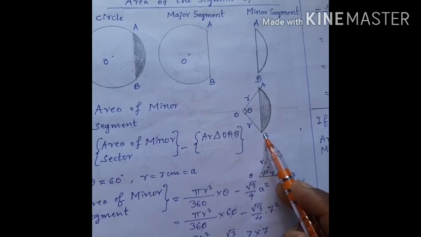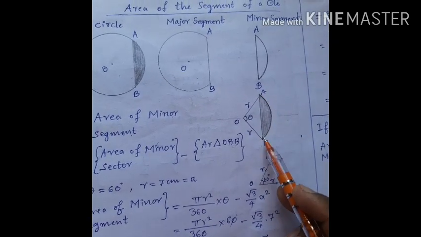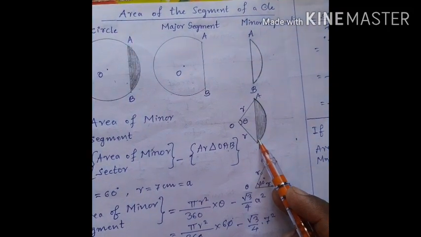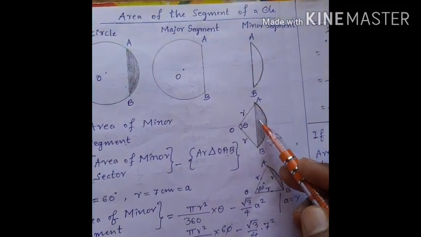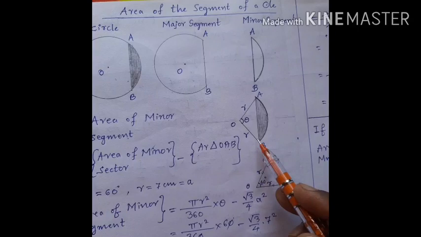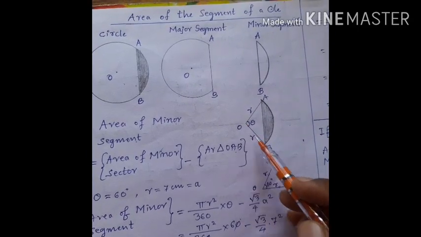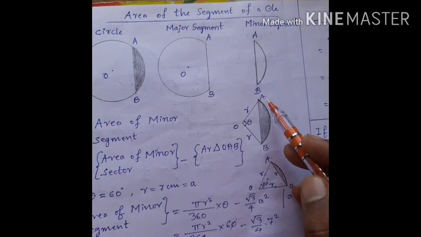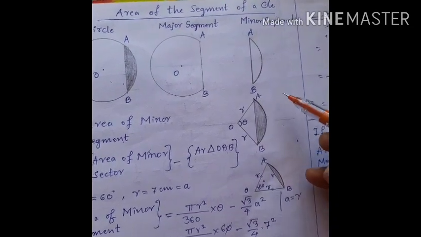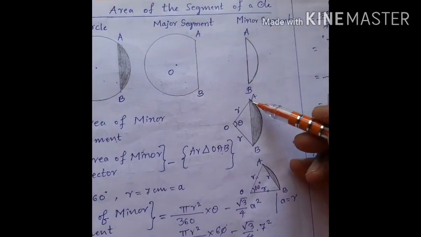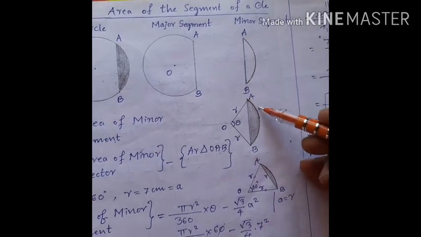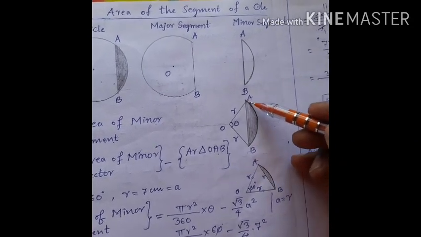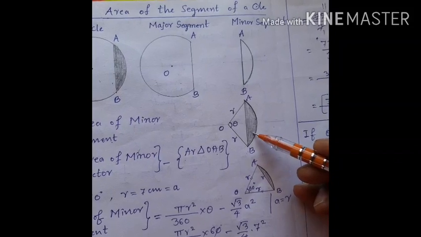AB is a chord, and this arc is the minor arc. Therefore, this is the minor segment. See here, OBA is the minor sector, and in this minor sector we have a minor segment. This chord AB and this arc AB make the minor segment.